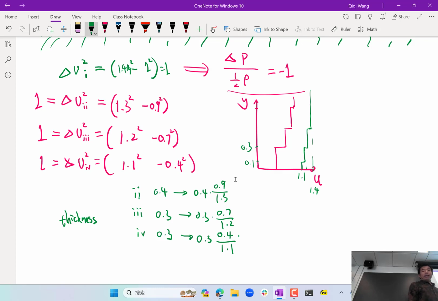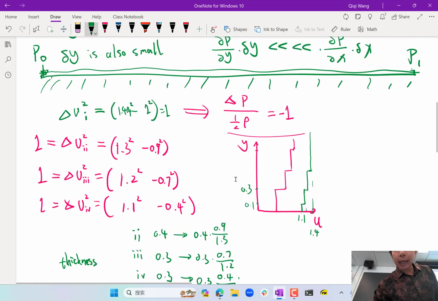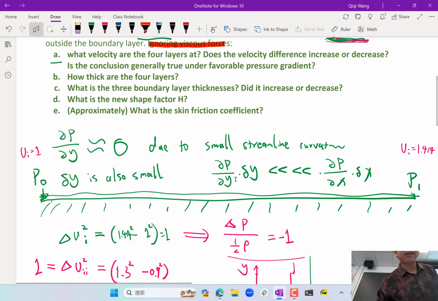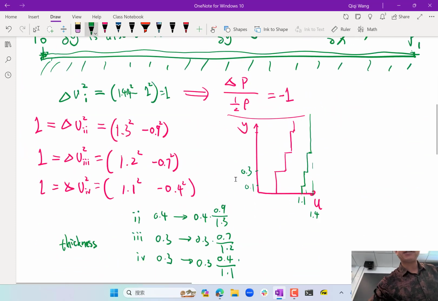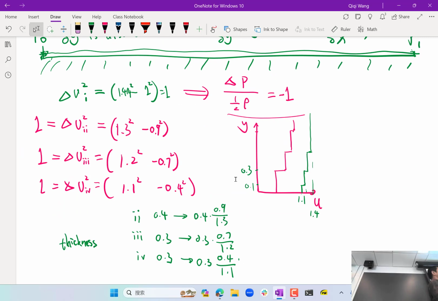Okay, so let's now look at how we characterize the boundary layer. What are the three boundary layer thicknesses of the green profile? Has it decreased or increased? The easiest one to answer is, let's put up the numbers here. What is the 99% thickness of the green boundary layer profile?